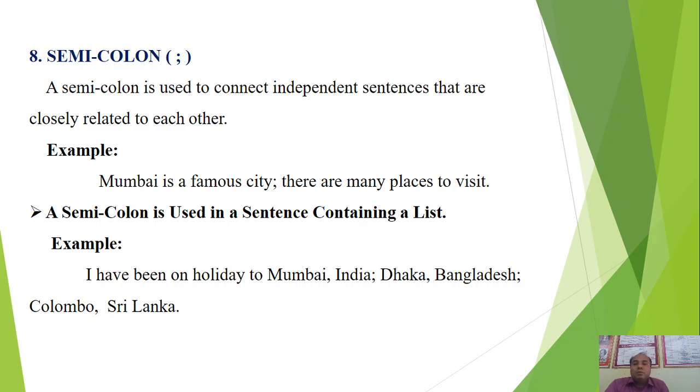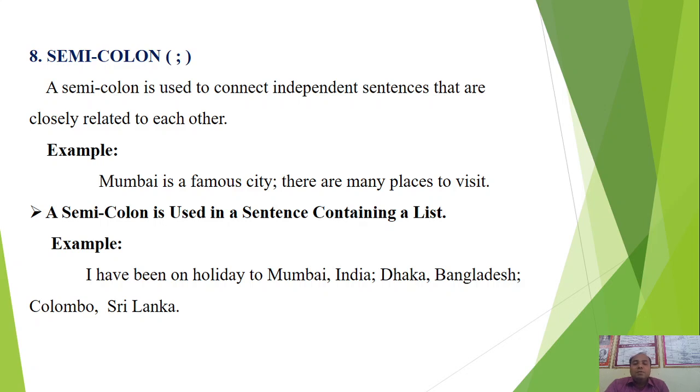When you are talking about sentences closely related to a particular place or city, then you use a semicolon.